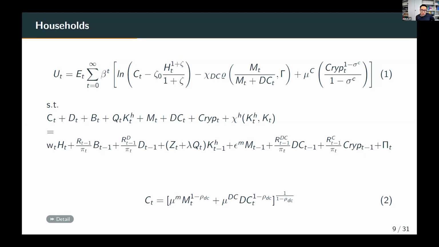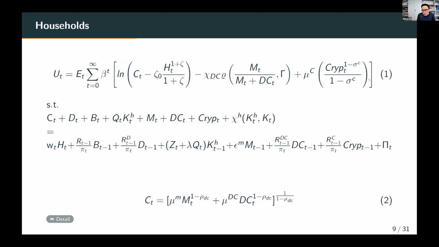This mimics, in a simpler way, a representative household made up of many members with heterogeneous preferences for using cash or CBDC. Think about young people: they prefer digital currencies for payment, so they prefer CBDC. But old people prefer, let's say, cash, maybe because they enjoy the anonymity of cash. And this loss function may change depending on the shock.